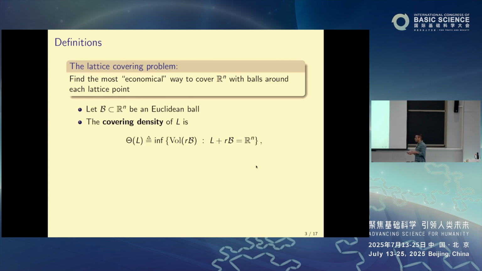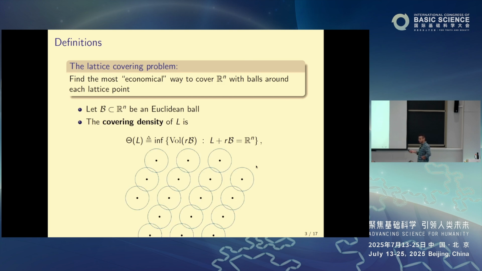So let me be more concrete. Denote by B the n-dimensional Euclidean ball. We define the covering density of a lattice L, denoted by theta(L), as the smallest volume of a dilate rB of the ball, such that L + rB equals R^n.